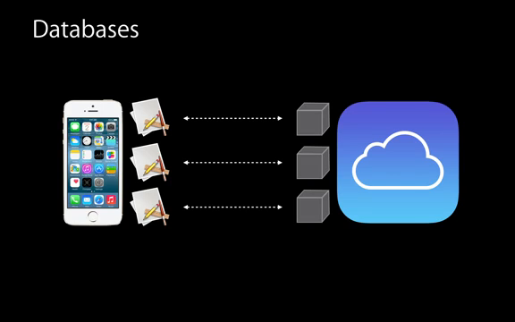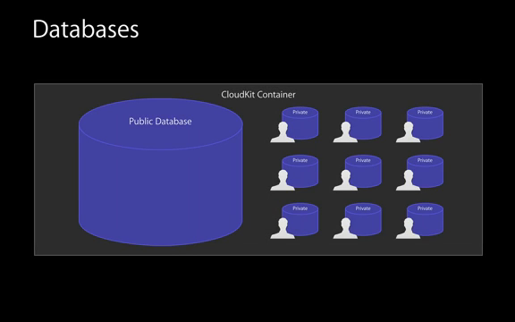So how did we solve the fact that we've got these different types of data? Let's break open a container and have a look inside. Inside of a container, you're going to notice first and foremost the public database. This is the soup. This is where all of the public and communal data co-lives, co-mingles. Additionally, you're going to notice that there are private databases, and you're going to find that there's an individual private database for each user of your application.